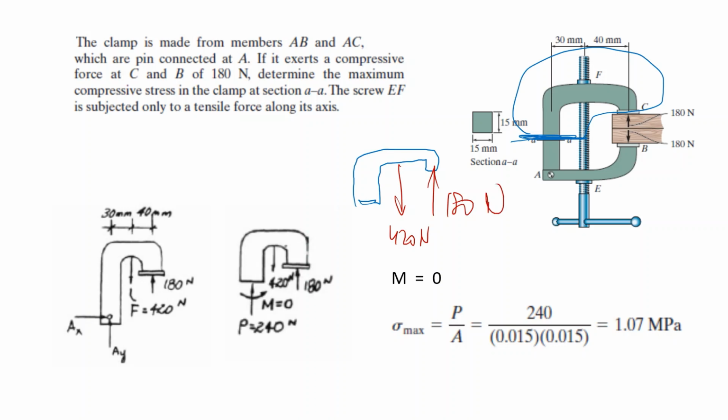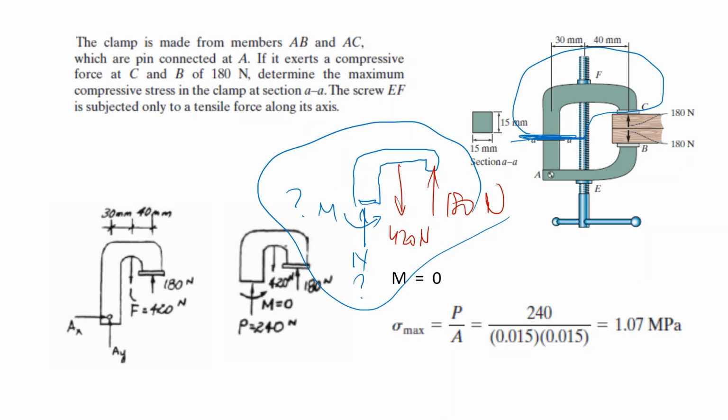So you're looking for the forces and the moments in this section. You don't know these values. If you write down the equilibrium, you find that M is 0 and the axial force is 240 compression.